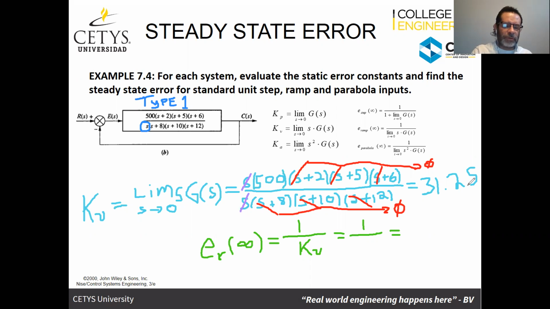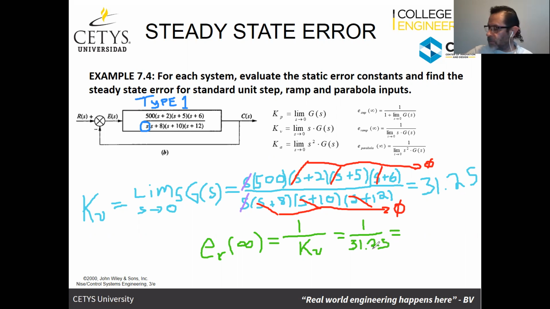I'm going to do it also: 500 times 2 times 5 times 6 and 8 times 10 times 12. Yep, 31.25. And the error in this case is going to be 1 divided by 31.25.